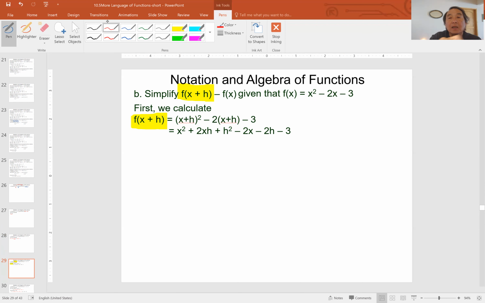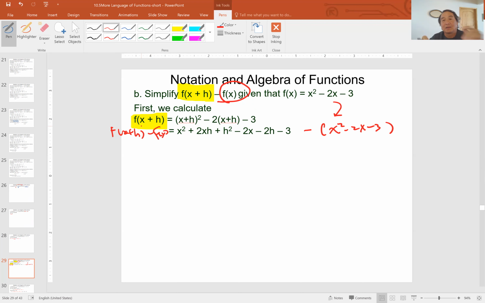And it is asking us to subtract f of x from that. So I'm going to subtract this x squared minus 2x minus that. This is f of x plus h minus the f of x already.